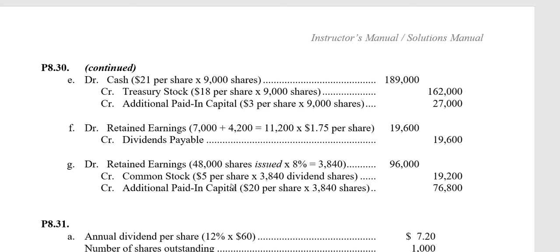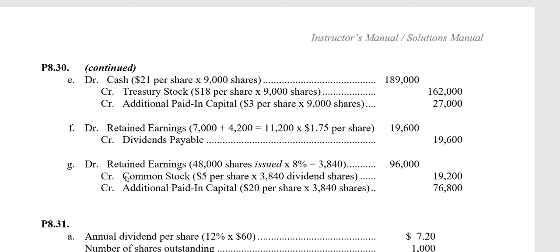Okay. Now take special attention to this, guys. And note something here. In this particular transaction, you are decreasing retained earnings and you're increasing paid-in capital. So if you increase one and decrease the other, what overall effect does that have on stockholders' equity?